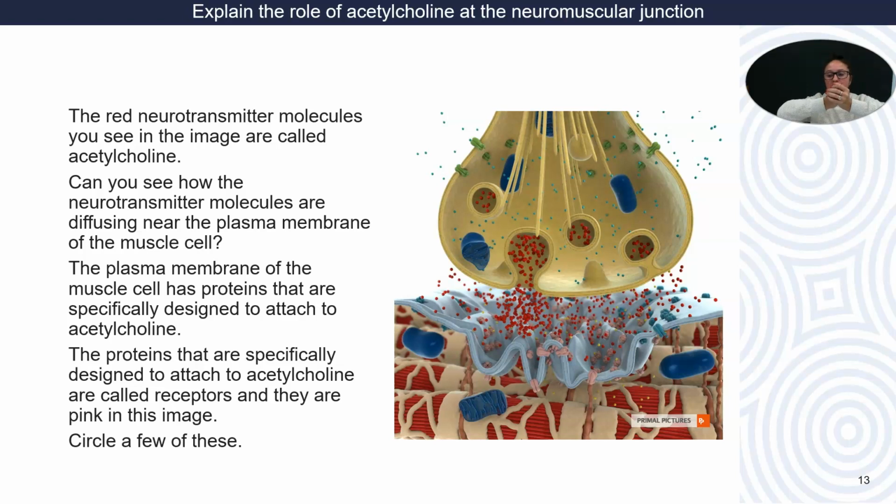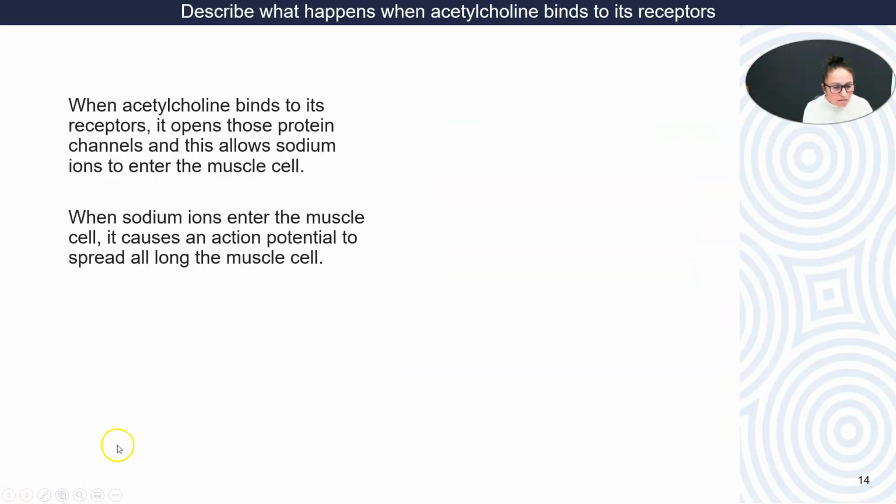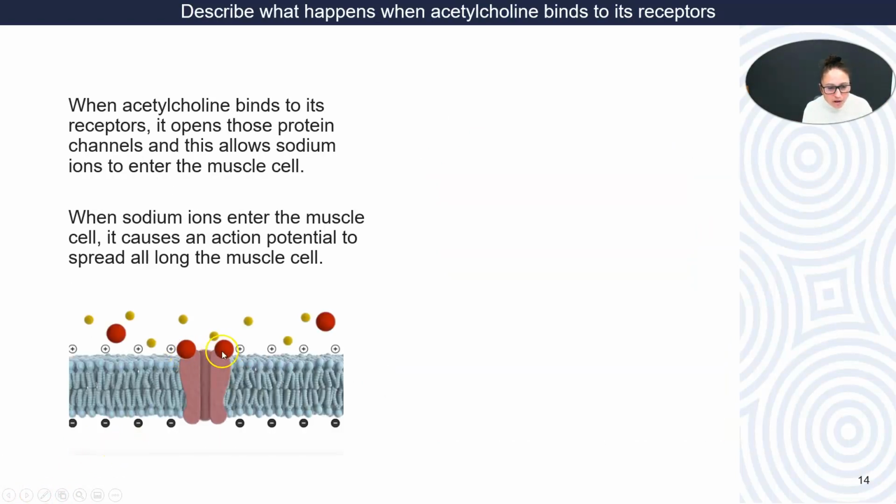If there's no acetylcholine, it's shut. When acetylcholine is present, the channel opens like a tube. So acetylcholine binds to its receptors, and when it does, they are open. Can you see that you need two keys to open that tube? Yeah.